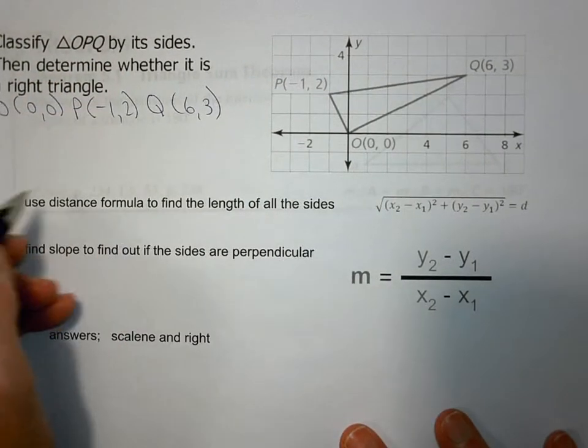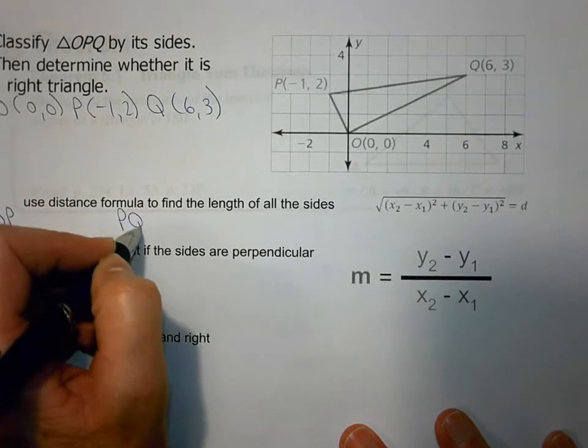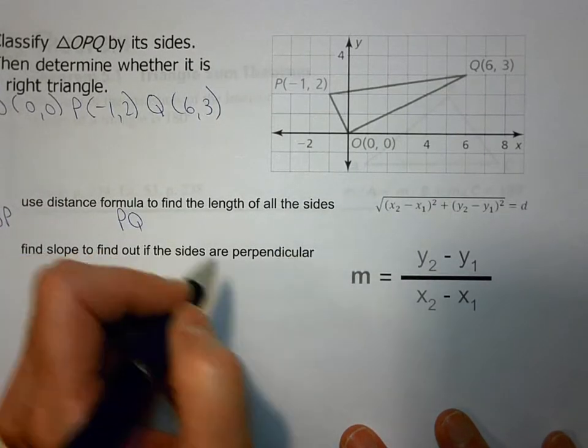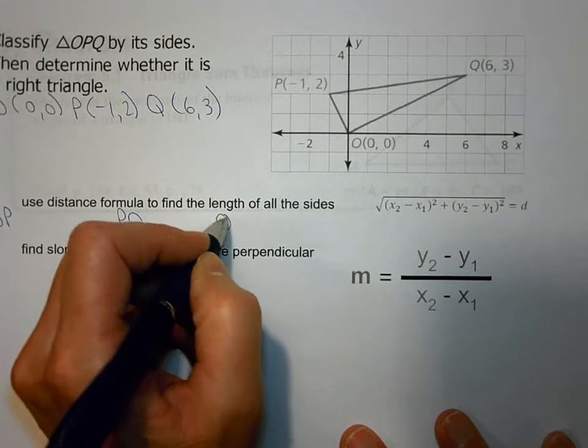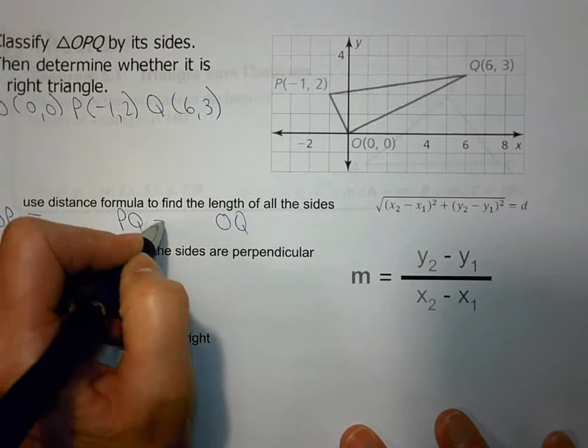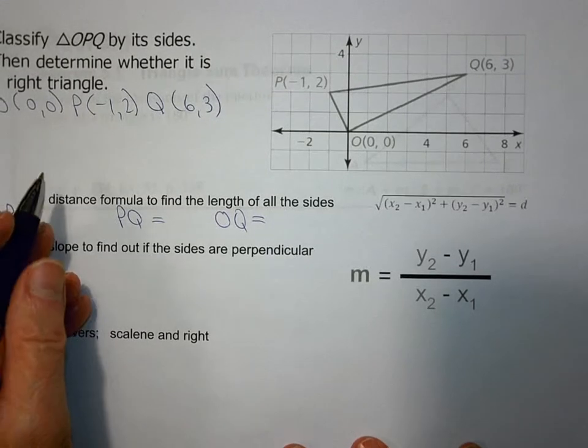So you're going to have to use the distance formula for OP, PQ, and OQ. We practiced that yesterday, so please go ahead and make sure that you know how to do it.